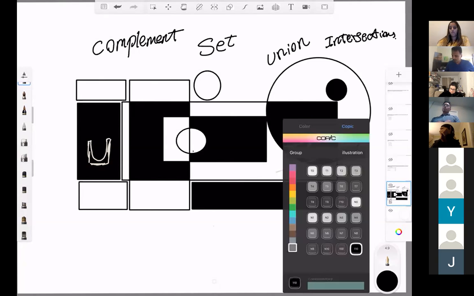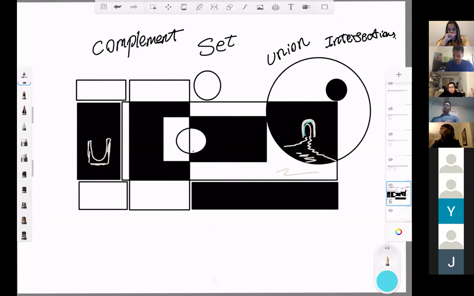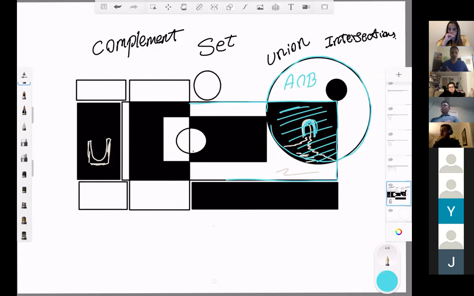Good. So there is a notation. Intersection will be like this. This is a sample of intersection. For example, we have a circle and we have a rectangle. These two intersect on this point, on this area. So it will be like A intersection B, for example.